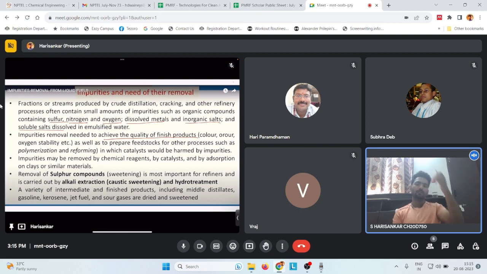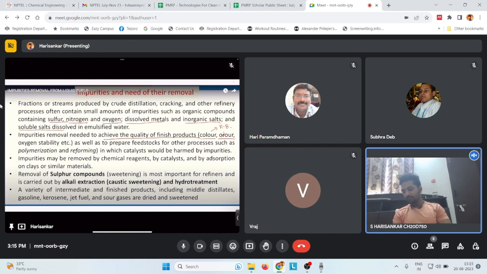So, for example, if the petrol or diesel that we refine from the crude oil has very high nitrogen, usually it will give us a reddish brown color. And odor: the presence of sulfur and nitrogen compounds can emit very foul and pungent odors.